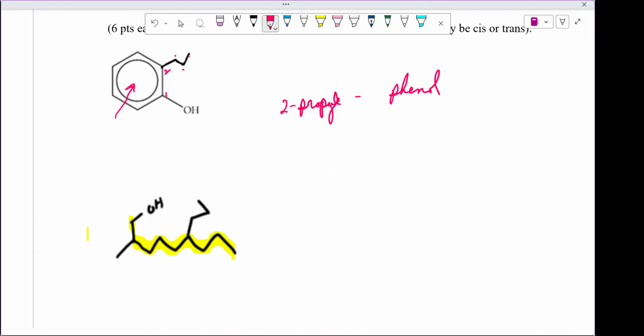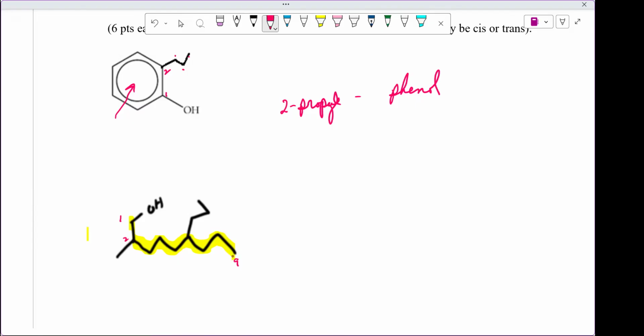Notice that going straight across would not include the functional group. So this is 9 carbons. If we start up here for numbering, we get the functional group as carbon number 1. So that's where we're going to start, and this is going to be carbon 9 here.